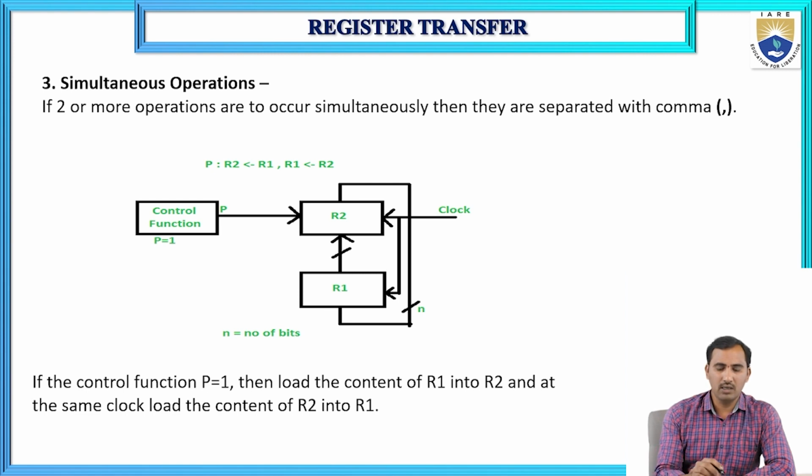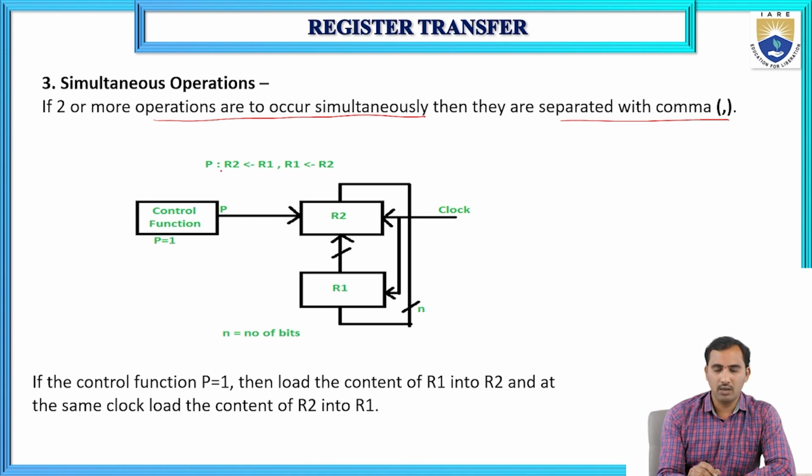And the third one is simultaneous operations. If two or more operations are to occur simultaneously, then they are separated with a comma. So the comma is used to specify the simultaneous operations.